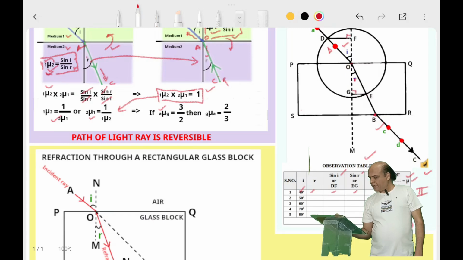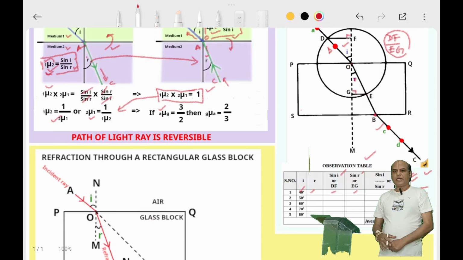Now, if you measure DF and EG, this ratio DF by EG will also give you the refractive index of the rectangular block.